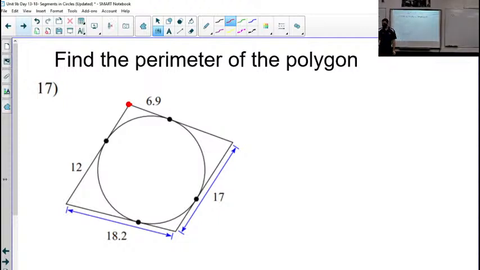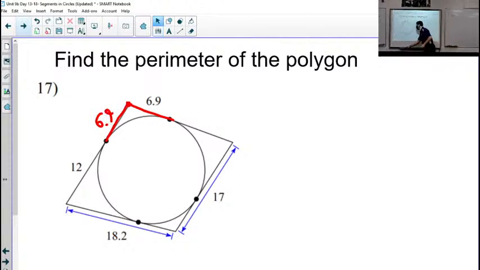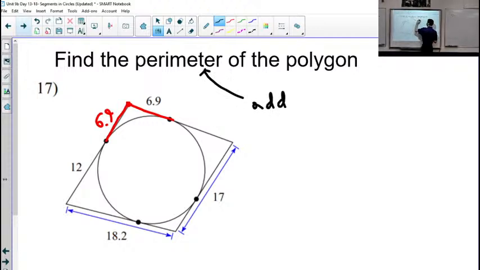The first tangent comes from here and connects to this point on the circle and this point on the circle. So those are the first set of common tangents. And those two common tangents have to be the same. So if this is 6.9, this is also 6.9. Remember, we're trying to find perimeter, and perimeter means add up all the sides.